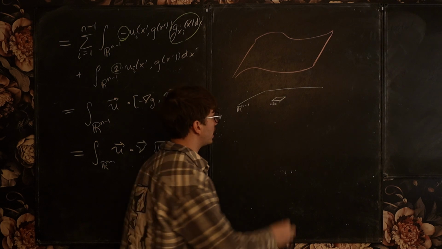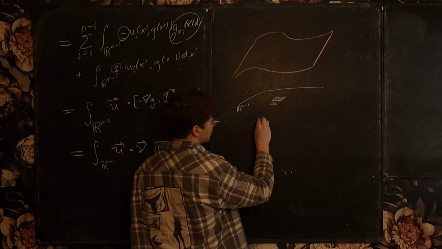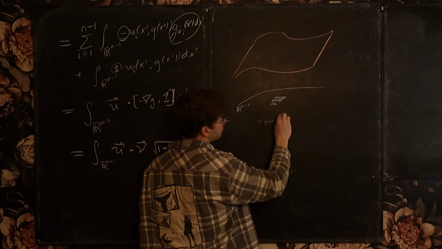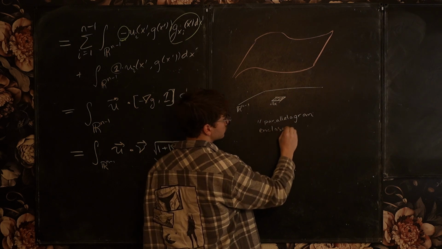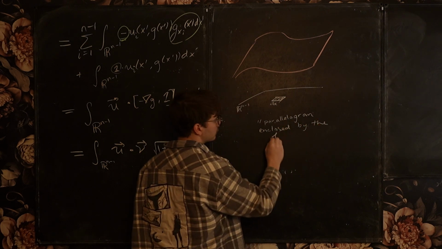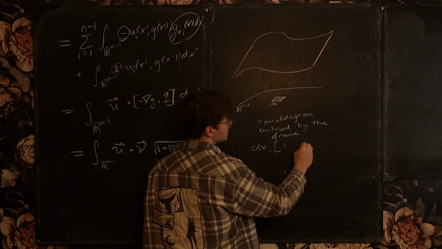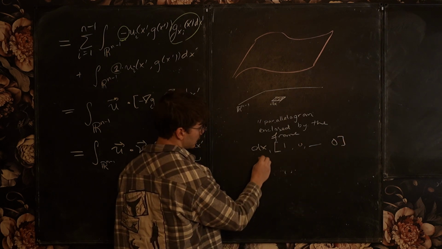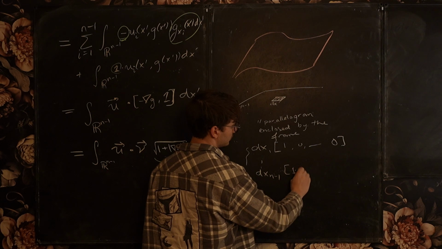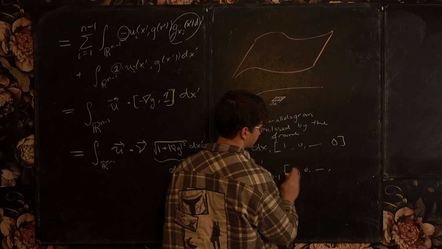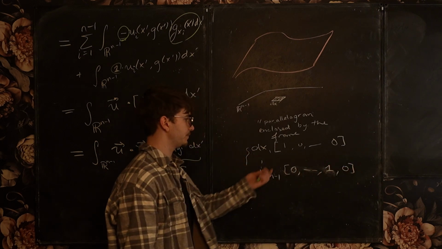Think of it as the parallelogram enclosed by the frame dx1 multiplied by the vector 1, 0, all the way to 0, and then dxn minus 1 times the vector with zeros all the way up to a 1 in the (n minus 1)th position.